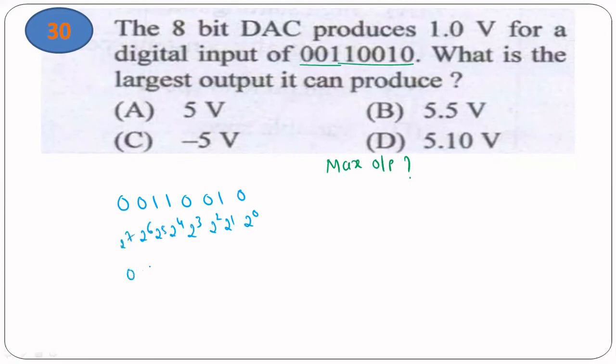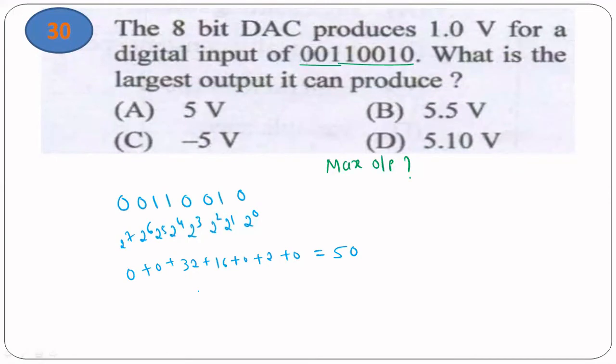It will be 0 here plus 0 plus 2 to the power 5, 32, 2 to the power 4, 16, plus 0 plus 2 plus 0. So it will be 32 plus 16 plus 2. It will be 50. Okay.